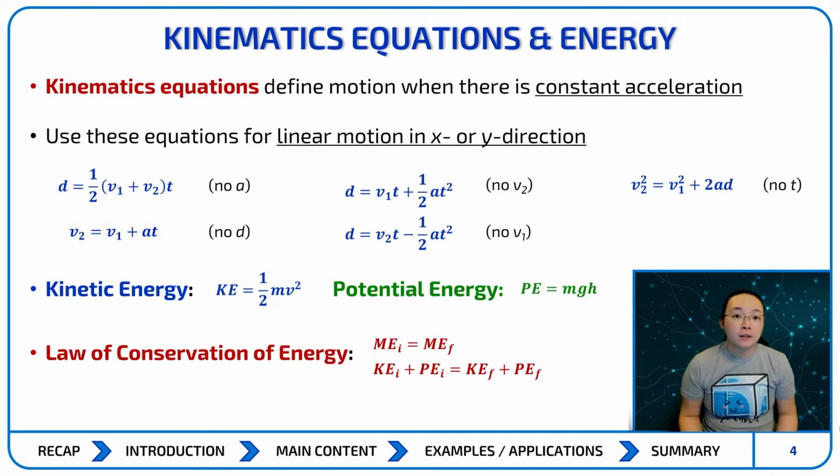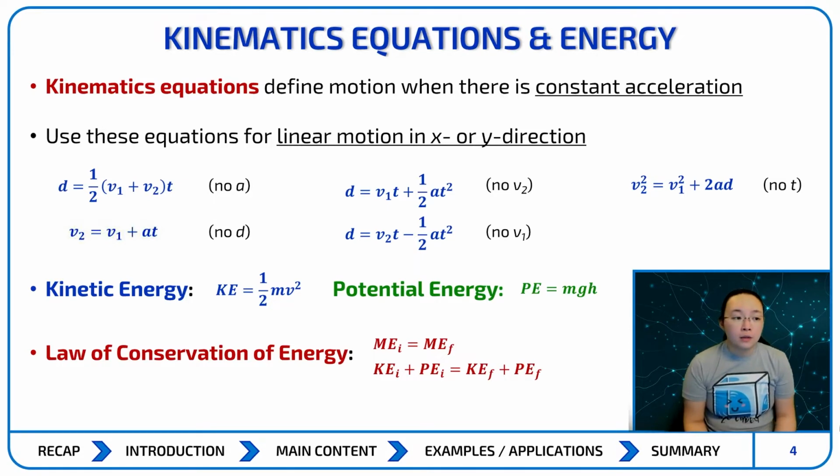So for kinematics equations and energy, we were presented with 5 kinematics equations, and primarily you would use both of these for projectile motion. So these would be the mathematical foundations you would need in order to proceed with trying to solve a problem related to projectile motion. And there are 2 ways to solve for it.